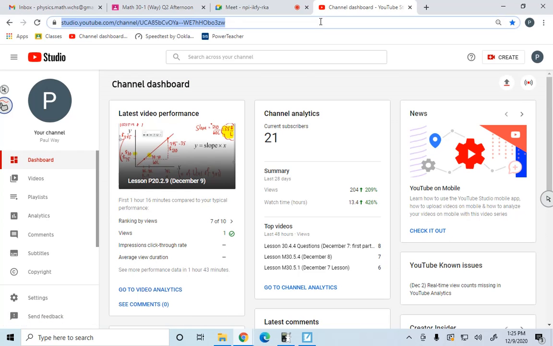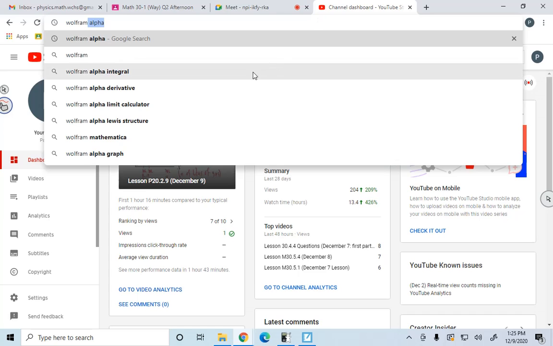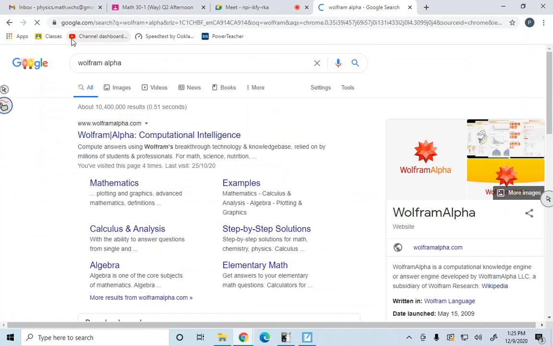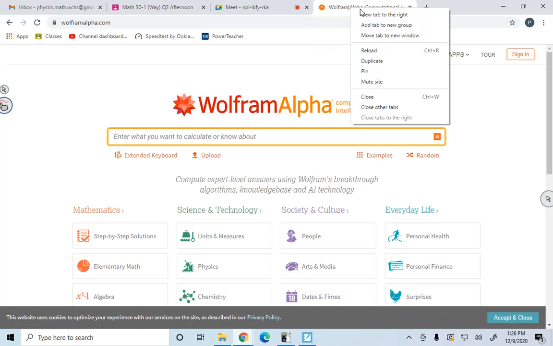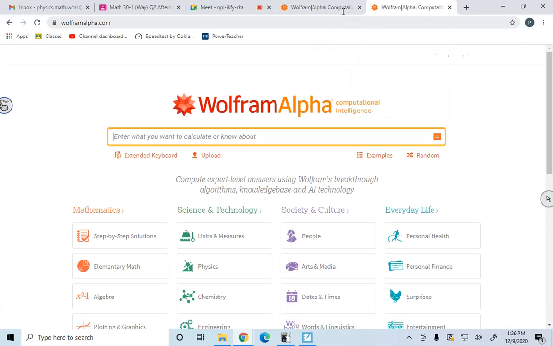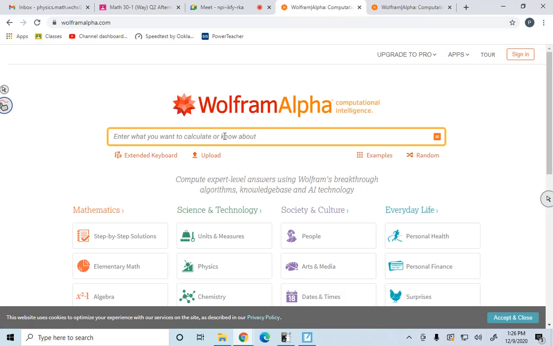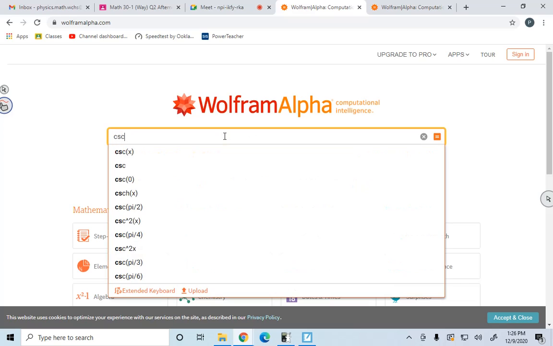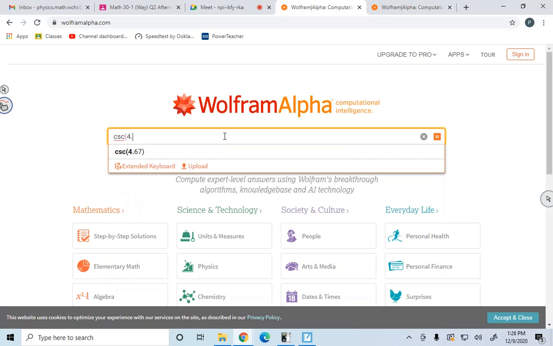I'm going to actually duplicate this window, and I'm going to put cosecant of 4.2. And I can see that it gives me negative 1.14734. The cosecant of 4.2 radians is this number.